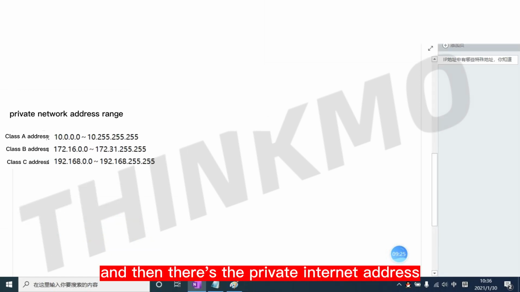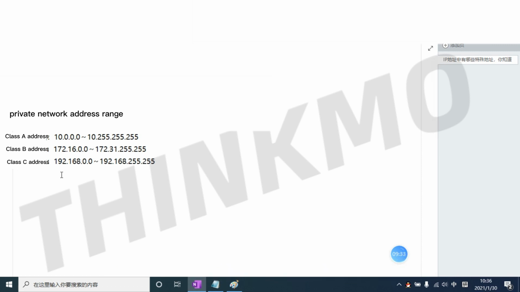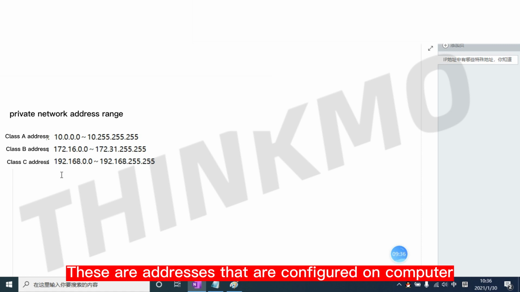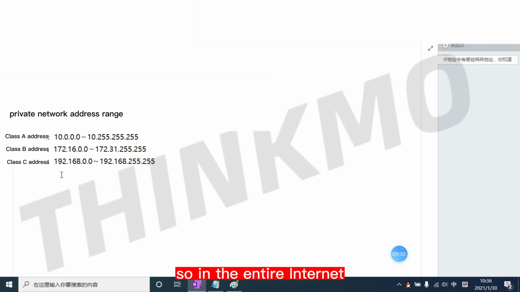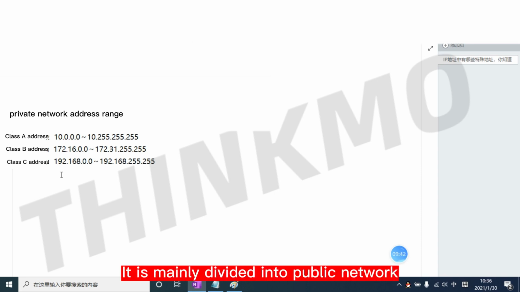And then there's the private internet address. The private IP address can be used locally. They can distribute them independently. These are the addresses that are configured on the computer. So in the entire internet, it is mainly divided into public network and private network.